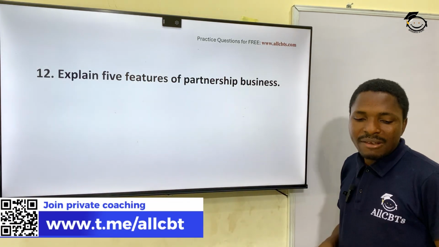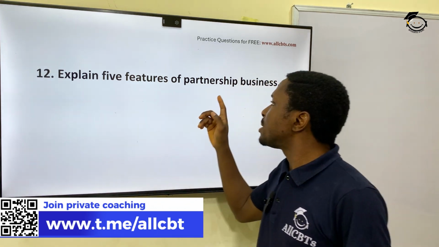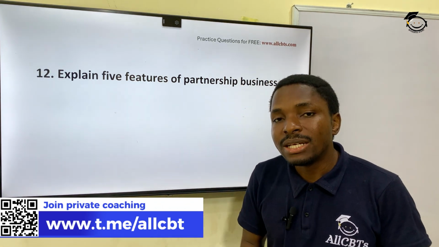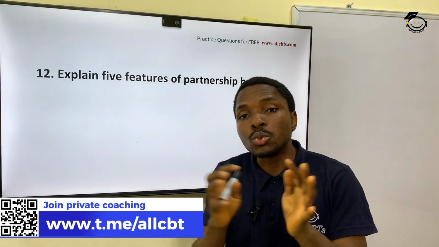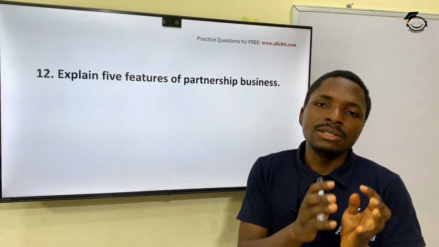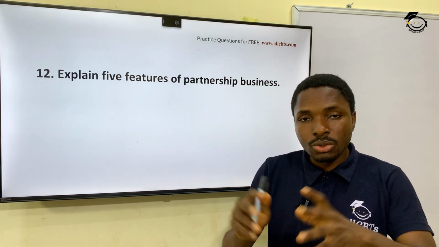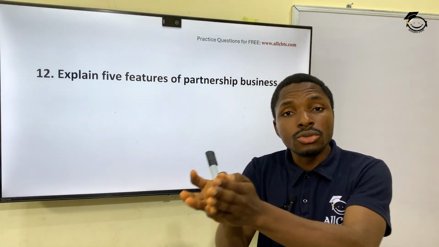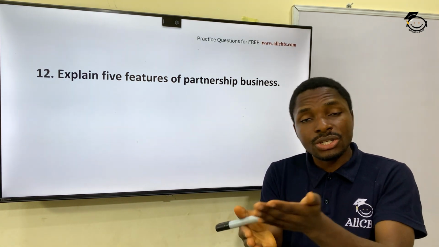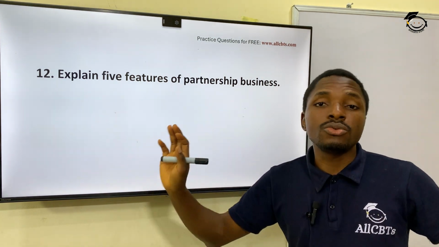12. Explain 5 features of partnership business. Good. First of all, what's a partnership business? A partnership business is a business where 2 to 20 people come together to divide the risk and reward of a company. They come together to work towards the growth of the company. They share the risk, they share the profits, in whatever percentage is left to them.